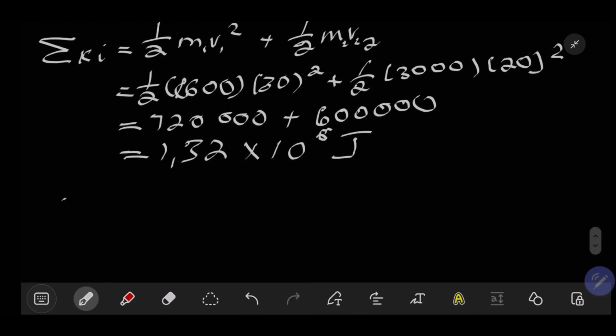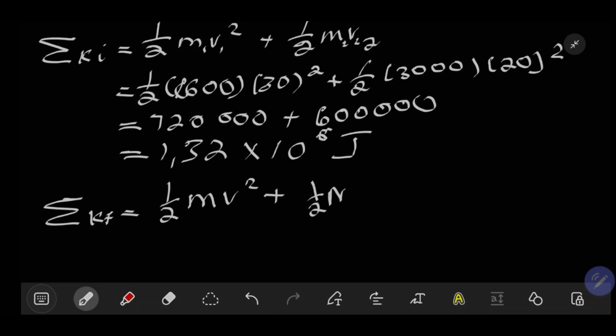Now we have to calculate the kinetic energy after collision. So our sum of K final must be equal to half mv squared plus half mv squared.